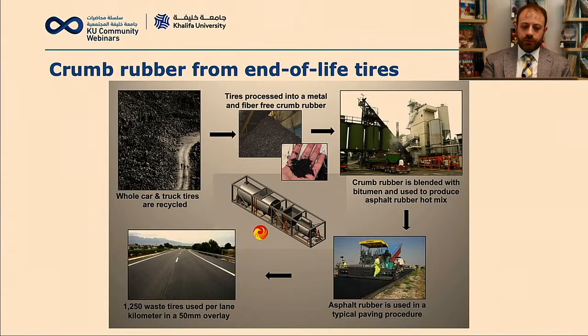And the number of waste tires that we can use is not negligible, is really significant. For an overlay of 5 centimeters for a new pavement, a new material, we can use up to 1,250 tires per each kilometer in one lane only. So this number is really not negligible.